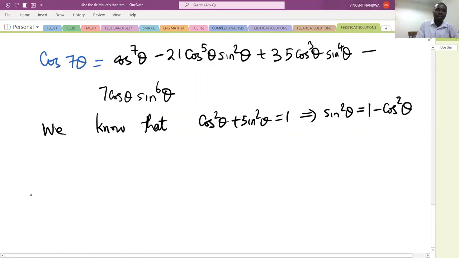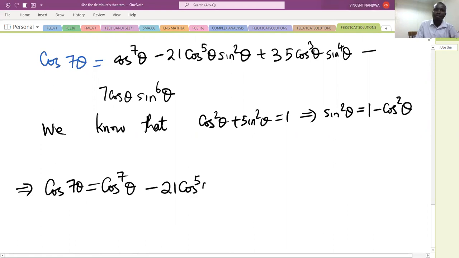squared theta. So this implies cos of 7 theta is cos power 7 theta minus 21 cos power 5 theta, but then this sine squared, we write 1 minus cos squared theta, plus 35 cos cubed theta.